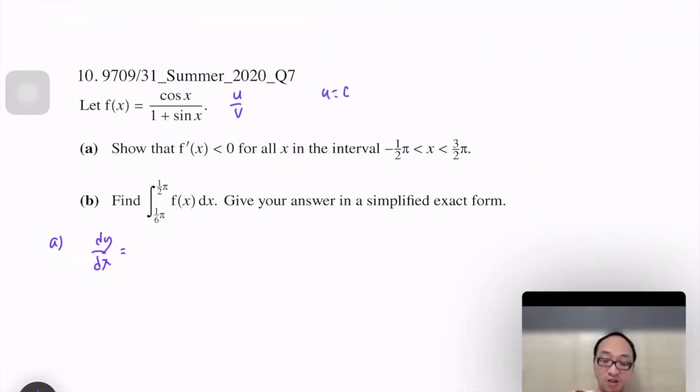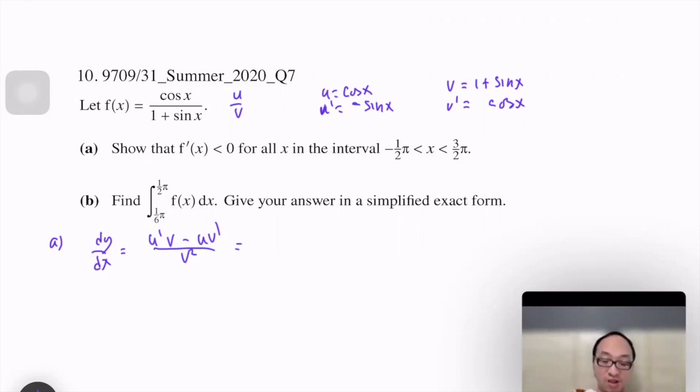So u is cos x, u prime is negative sin x, v is 1 plus sin x, v prime is cos x. So dy/dx is (u prime v minus u v prime) over v squared.